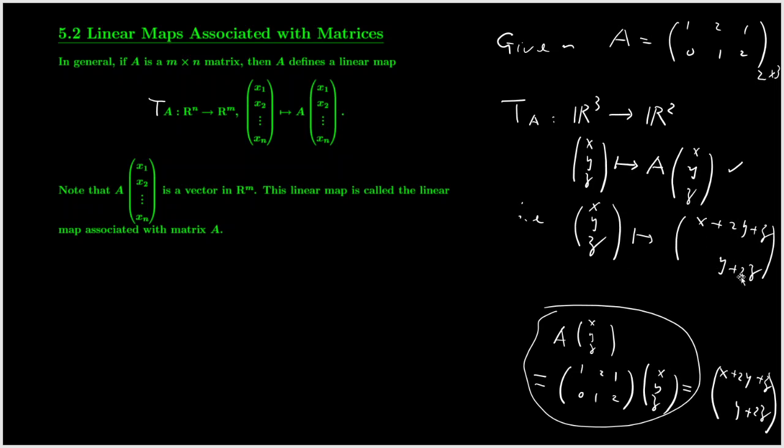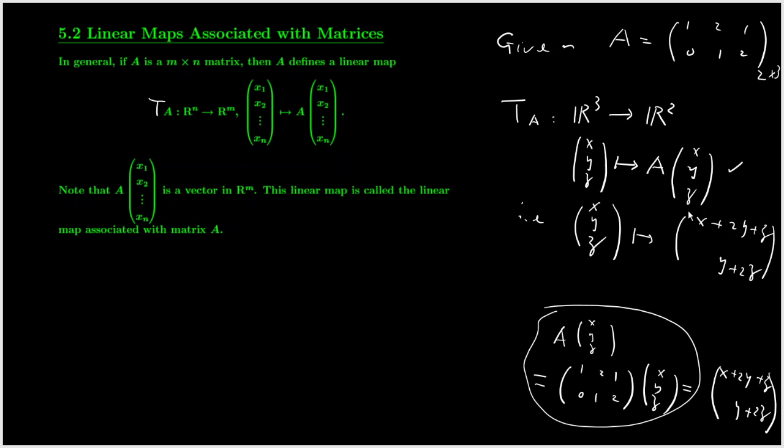I want you to see the output that way, in terms of the components. Each vector with 3 components is mapped to the output. In the output, the first component is the first component of the input, plus twice the second component, plus the third component.